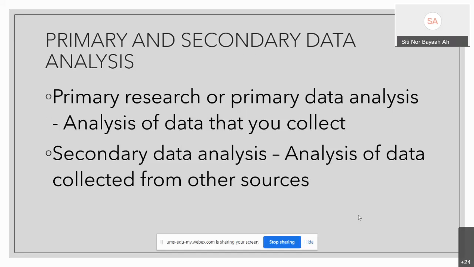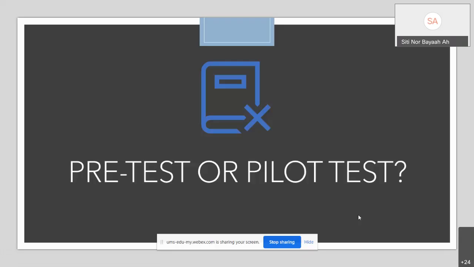The primary research or primary data analysis is first-hand information or data collected. You're the one held responsible for the data collection, and it's for the study you're doing. Then you have secondary data analysis of data collected from other sources, or that you do for someone else. What we are focusing on is primary research or primary data analysis.